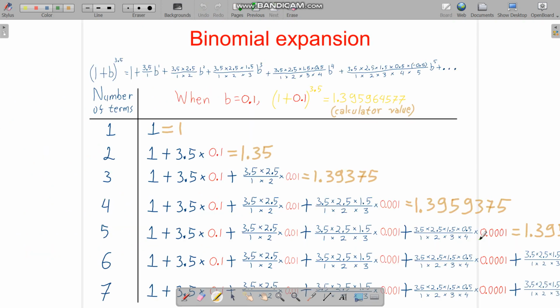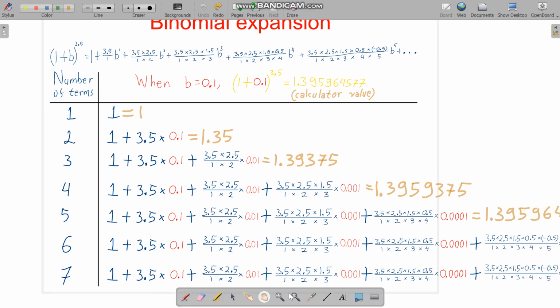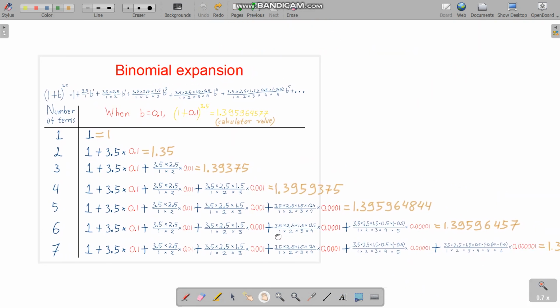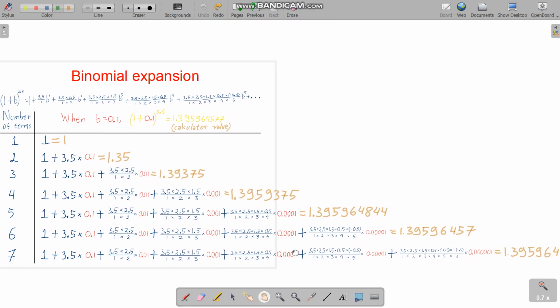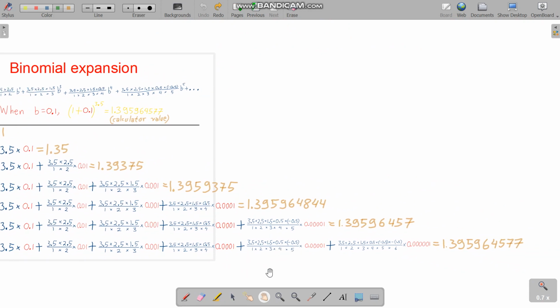But if we use b equals 0.1 instead of 10, this is the calculator value for (1 plus 0.1) to the power of 3.5. And if we try the first 7 terms, as you can see, this is the calculator value, and this is the sum of the first 7 terms.